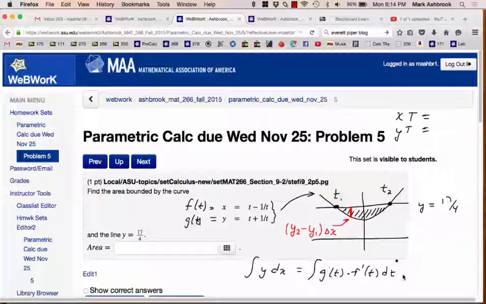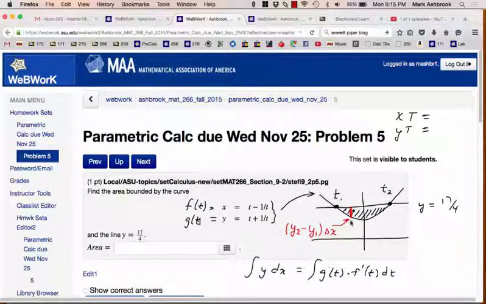This is how we're going to find areas with parametric, but it's totally based on the same vertical rectangles, the height of y and width of x that we did before. We're just transferring it directly into t, so there's our y and there's our dx.